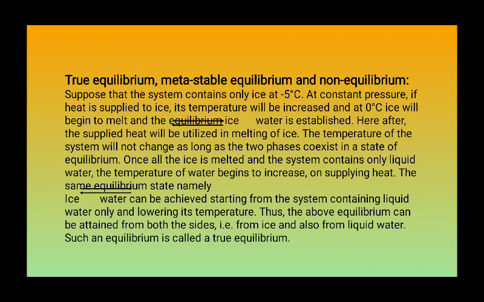Once all the ice is melted and the system contains only liquid water, the temperature of water begins to increase on applying heat. The same equilibrium state, namely ice in equilibrium with water, can be achieved starting from the system containing liquid water only and lowering its temperature. Thus the above equilibrium can be attained from both sides, that means from ice and also from liquid water. Such an equilibrium is called true equilibrium.